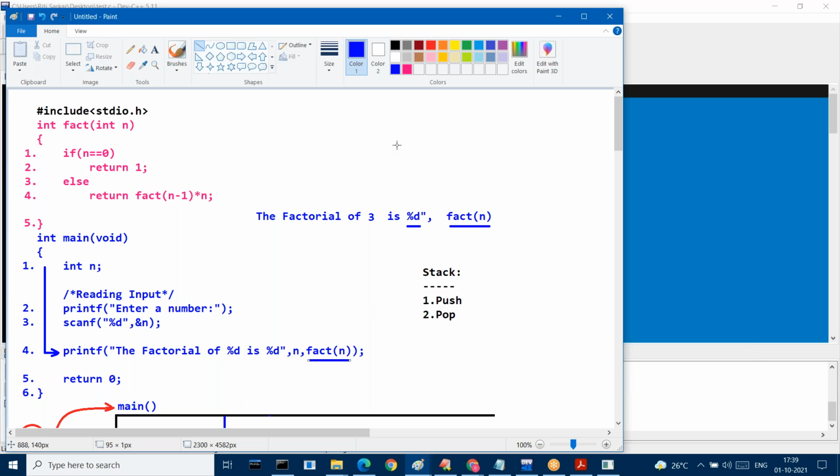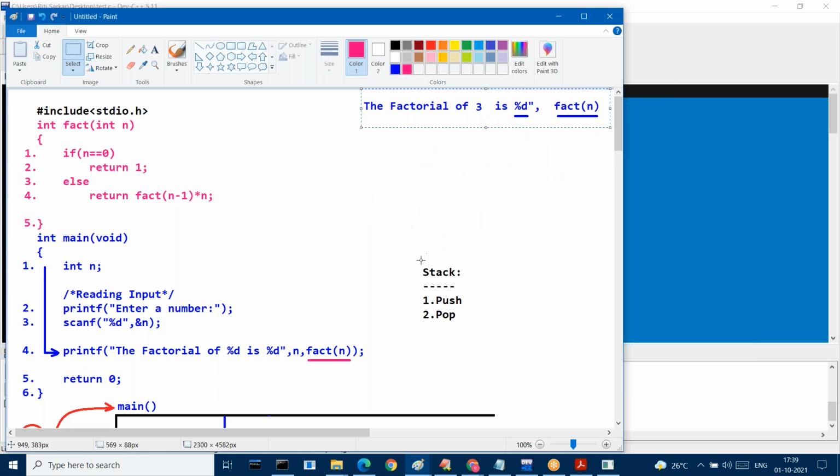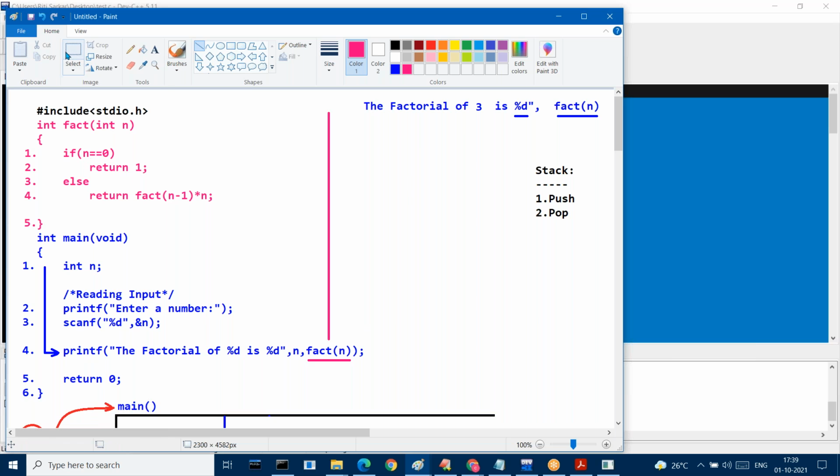So now the control will go. Where will it go? Sir, to the function. Where is the function, guys? This is my function.